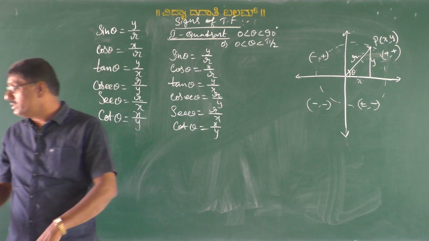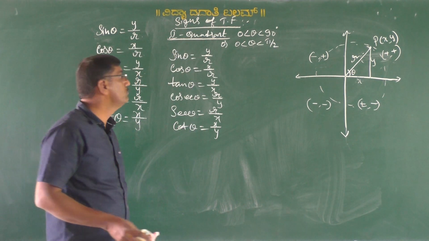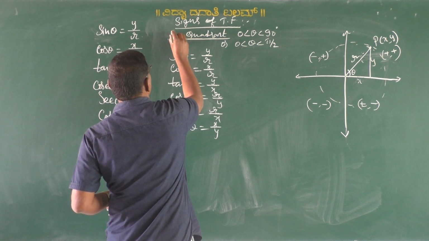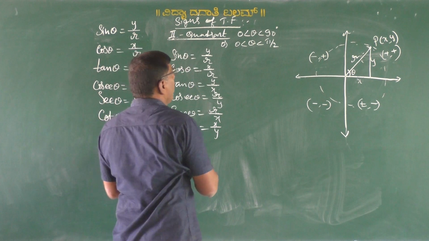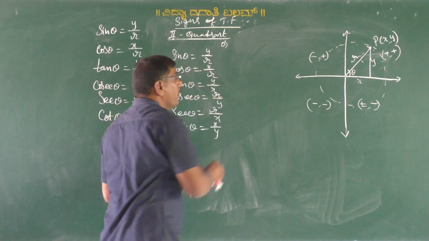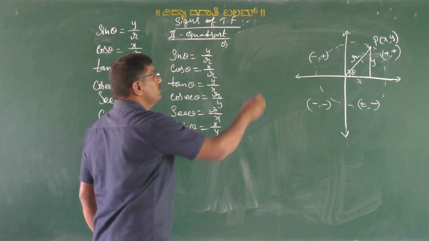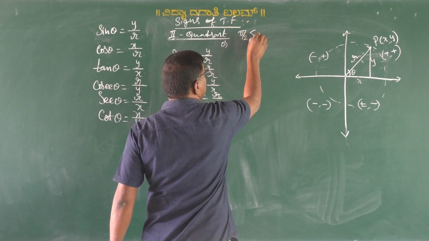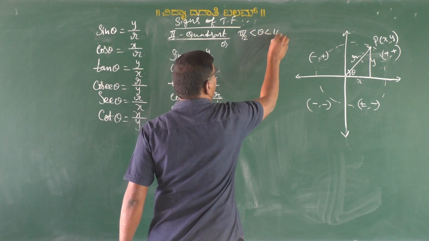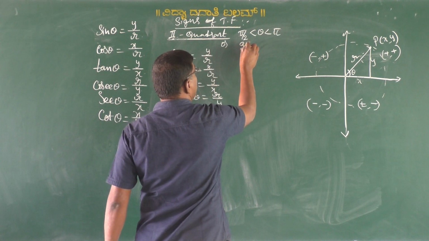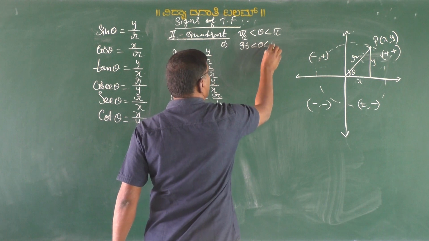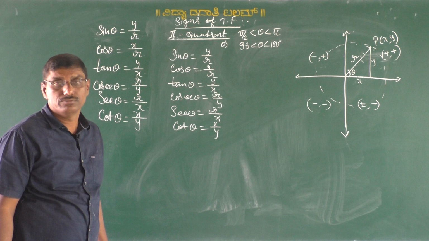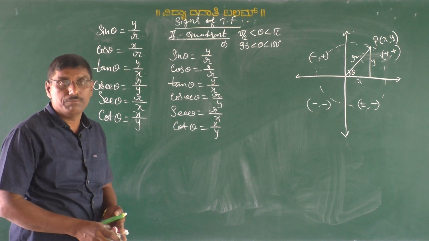What about the second quadrant, my dear students? If the point P lies in the second quadrant, theta lies between pi by 2 and pi, that means 90 degrees less than theta less than 180 degrees. What happens here?